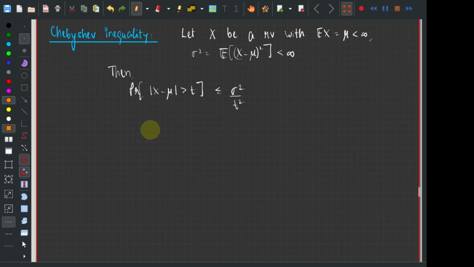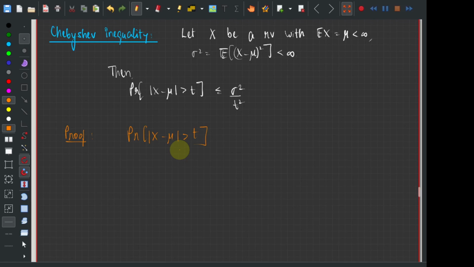And in fact, we'll use Markov's inequality to prove this. So I want the probability that mod x minus mu is greater than t. I want to use Markov's inequality to derive this.